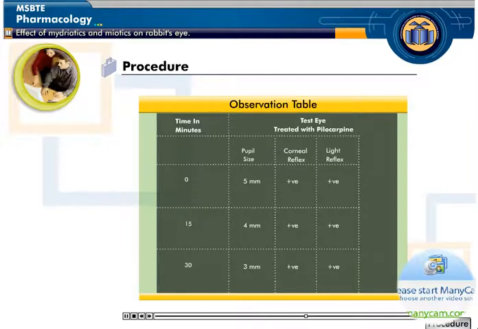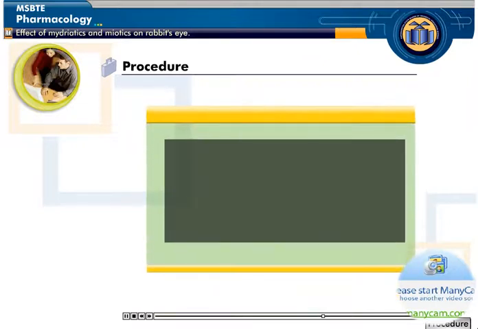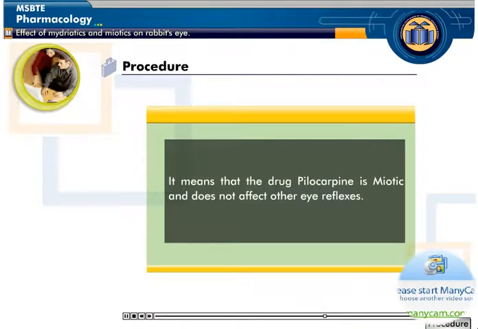Now observe the corneal reflex and light reflex in the test eye. You will notice that these reflexes remained unaffected. It means that the drug pilocarpine is a miotic and doesn't affect other eye reflexes.